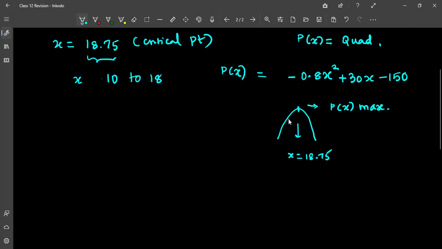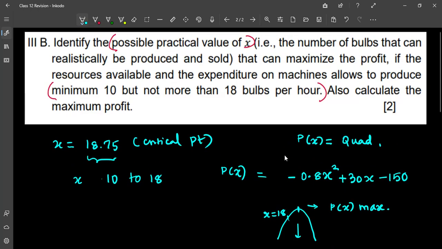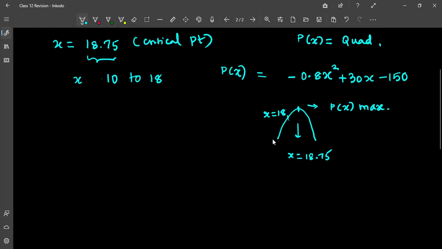Okay, so when x is equal to 18, we still get a high value of profit, but that would not be the maximum. But going by this question, we cannot go beyond 18. And all the other lower values, starting from 10 till 18, will give you profit values which are all lesser than when x is equal to 18.